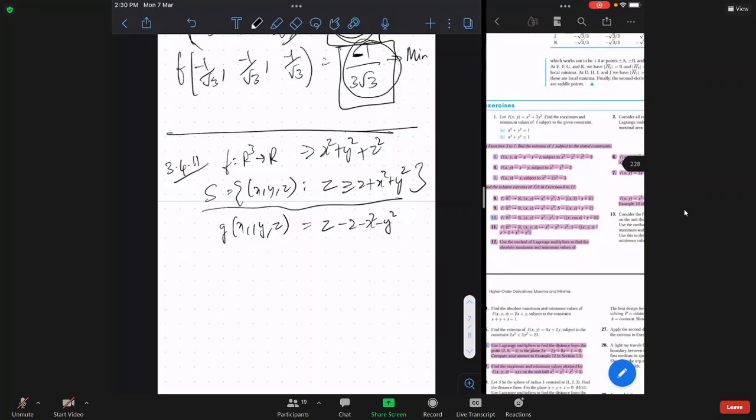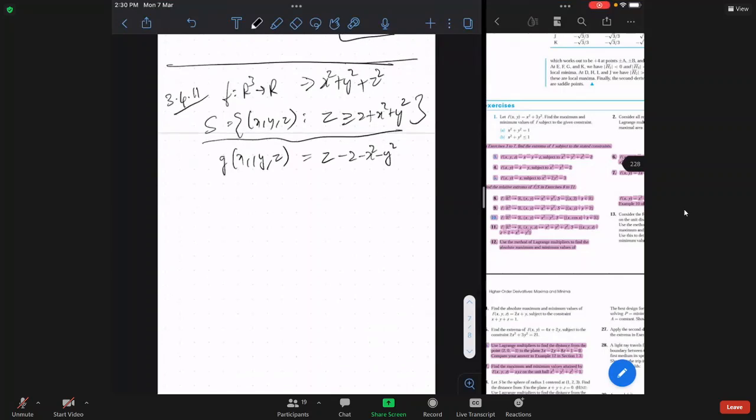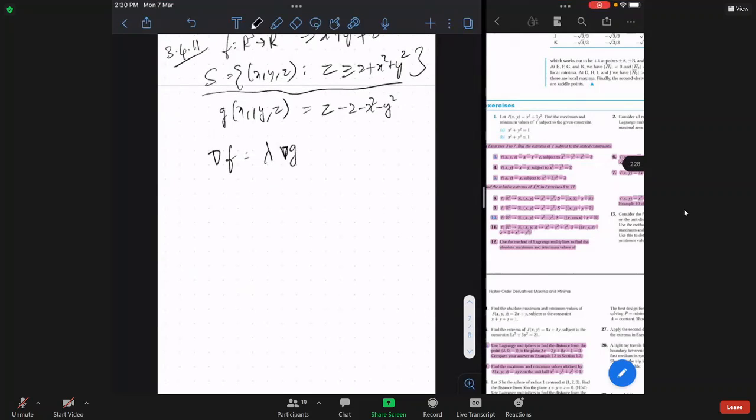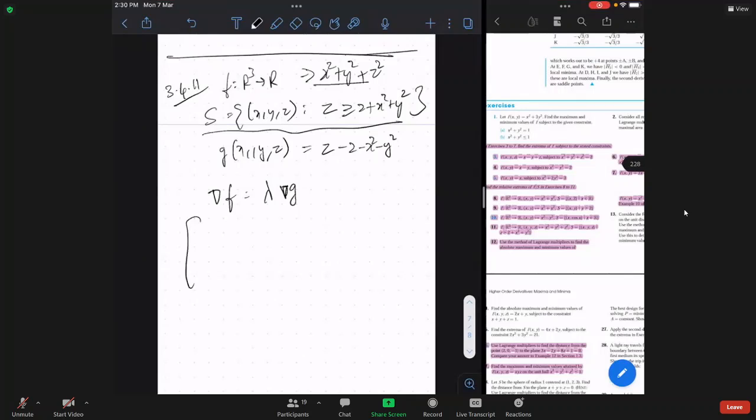Okay. So the first thing is we need to find out, we use the relation my delta f is lambda times delta g. So delta f, if I try to find out the gradient of this, it's 2x, 2y, 2z is some lambda times delta g.